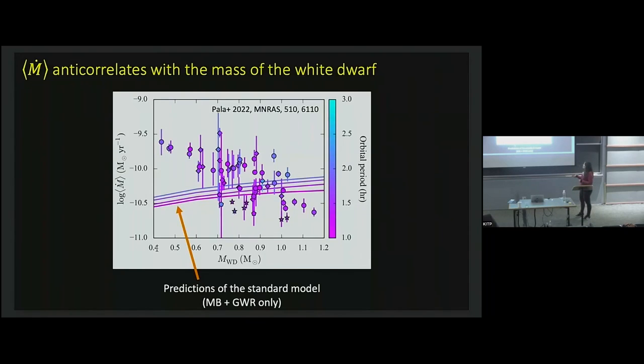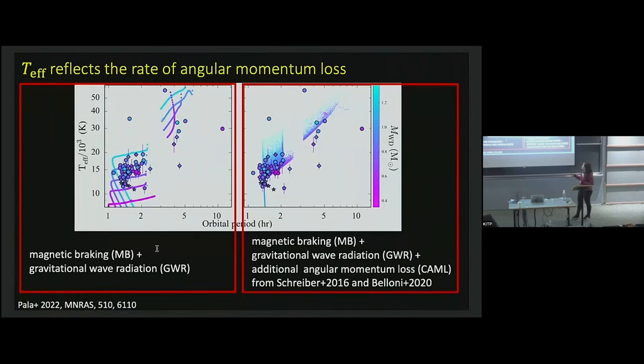And we can see that this works well also for the effective temperature. These big points are observations in comparison with evolutionary tracks and the models here, showing effective temperature as a function of the orbital period. Again, the effective temperature is a proxy for the angular momentum loss rate in the system, because the effective temperature is set by the mass accretion rate onto the white dwarf.